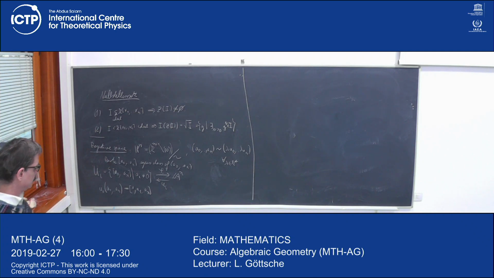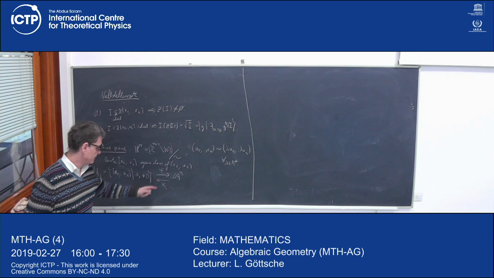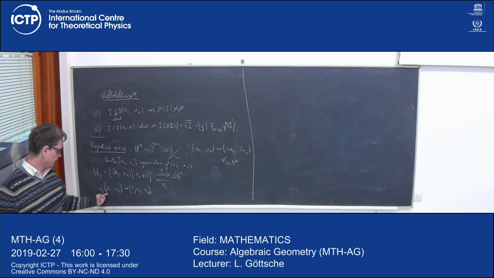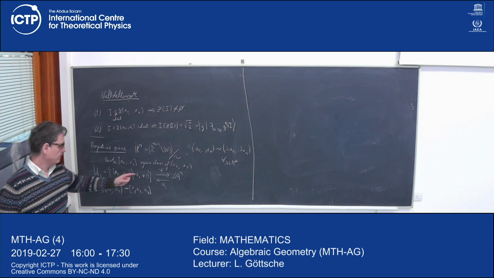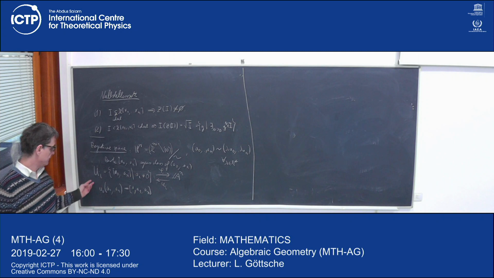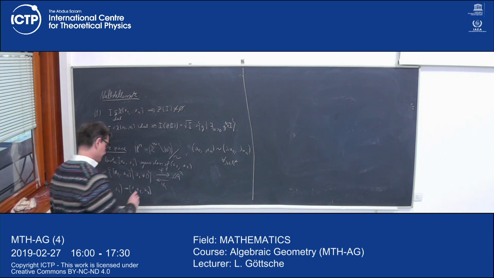Both maps are bijective, and I often use this u0 to identify A^n with a subset U0 of Pn.